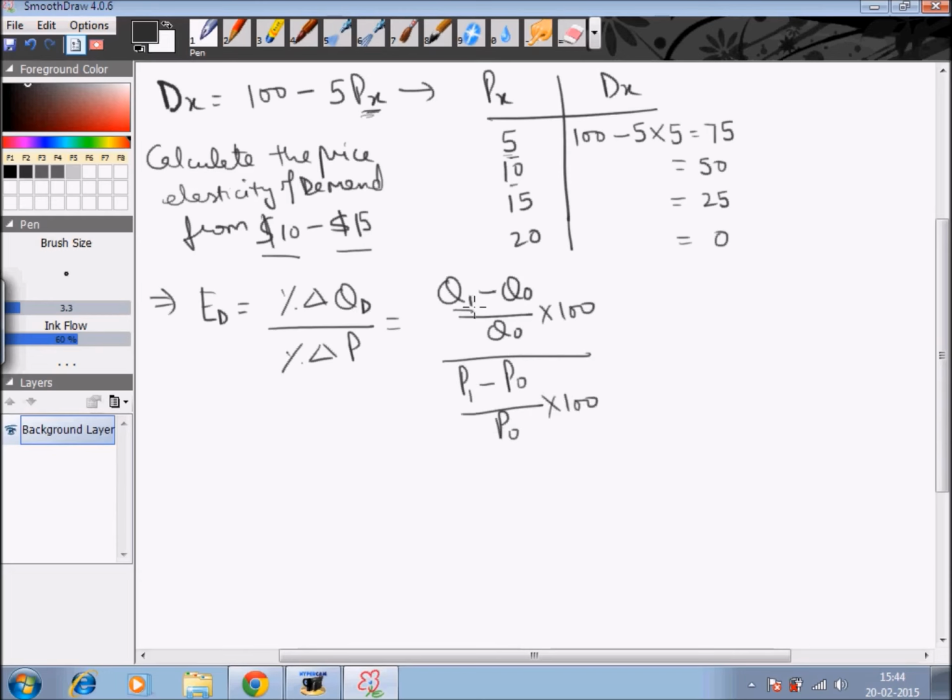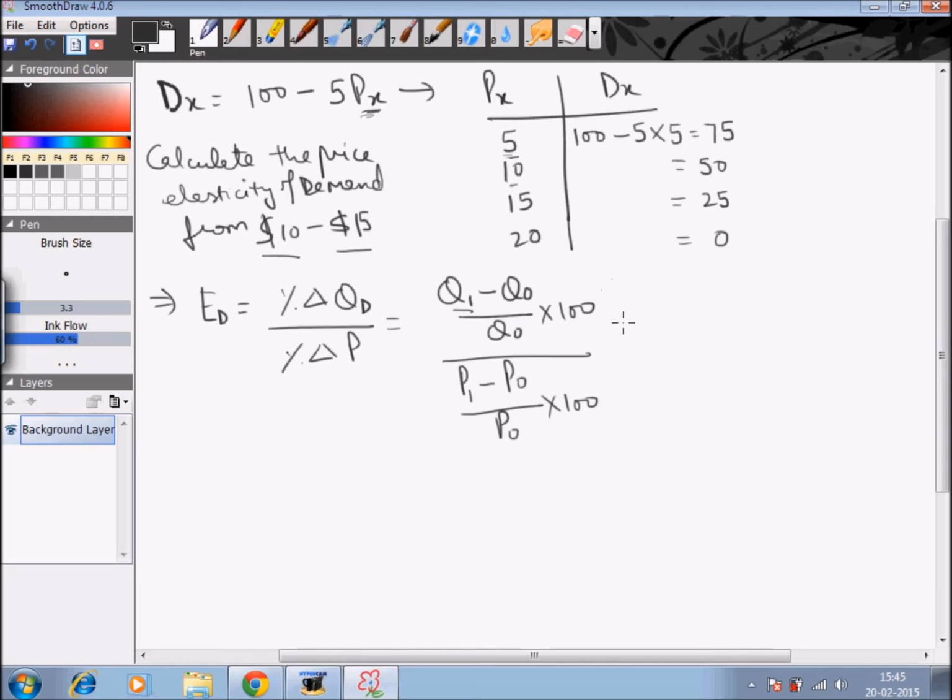Now Q1 is the new quantity demanded when the price has changed, and Q0 was the initial quantity demanded. Likewise, P1 is the price after the change, and P0 was the initial price.